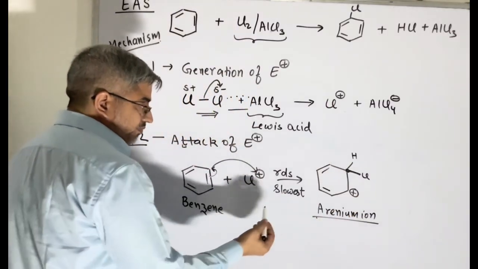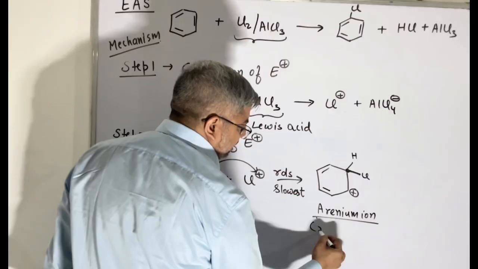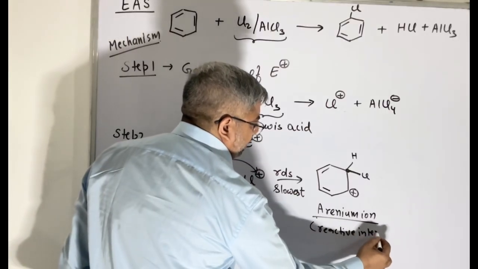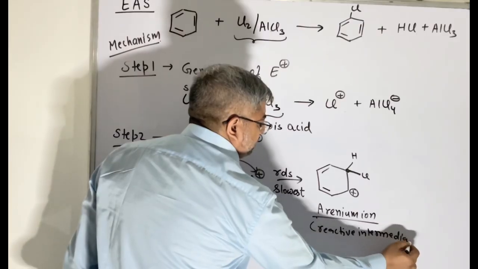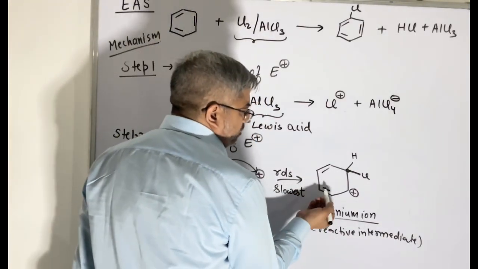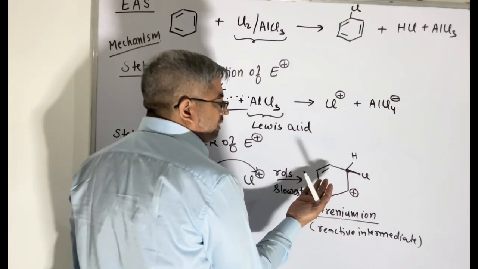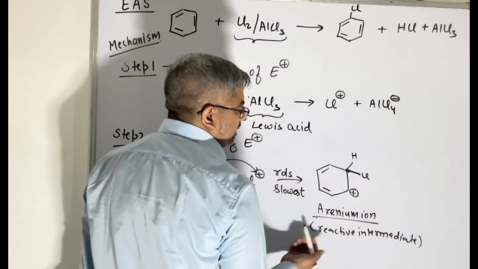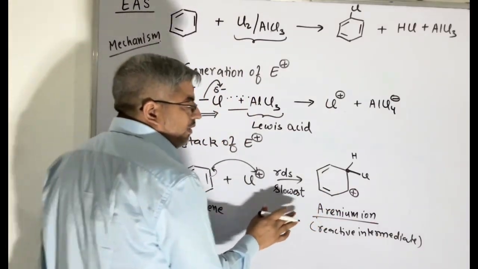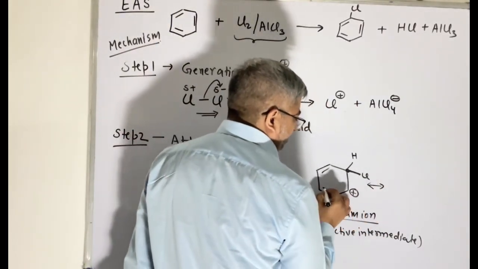Now since it is an intermediate, it is a reactive intermediate, and this intermediate is stabilized. It is a cyclohexadienyl cation. It is stabilized by resonance.